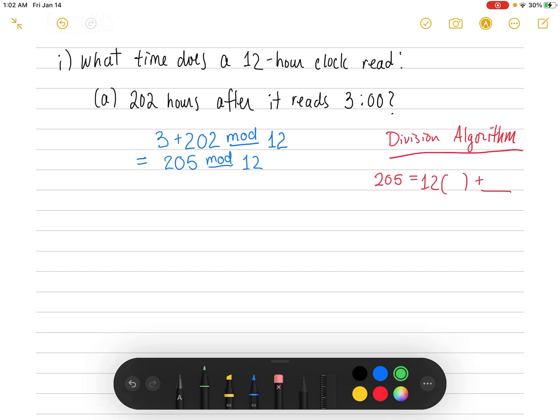How many times does 12 go into 205? That's 17 times, so my quotient is 17. And I'm going to take 205 minus 12 times 17 to get my remainder. That gives me a remainder of 1.